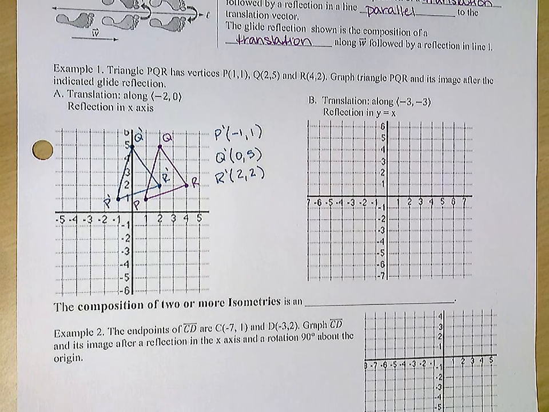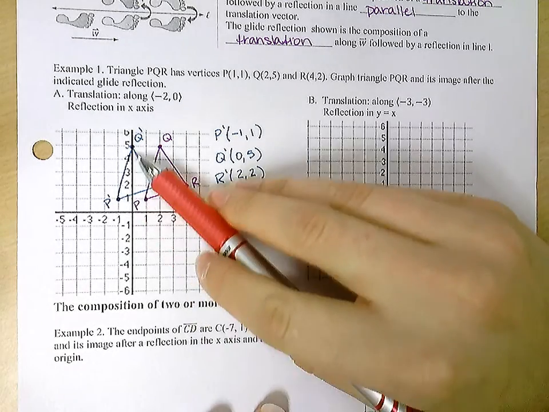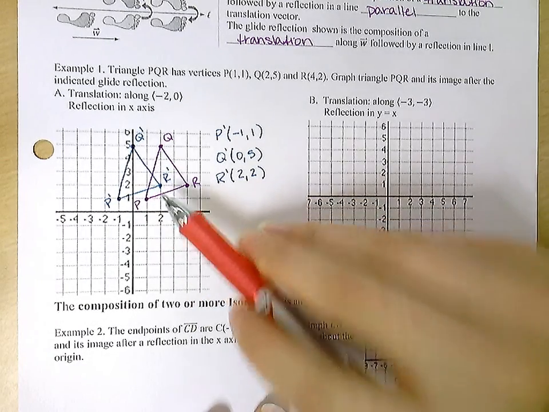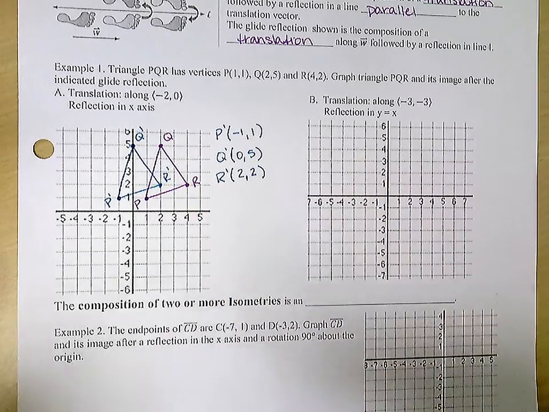Okay? So now what I want to do is do that second transformation. Now when I do the second transformation, you have to go from these prime coordinates. Okay, don't go back to your original pre-image and reflect that one. You want to use the one you just found.